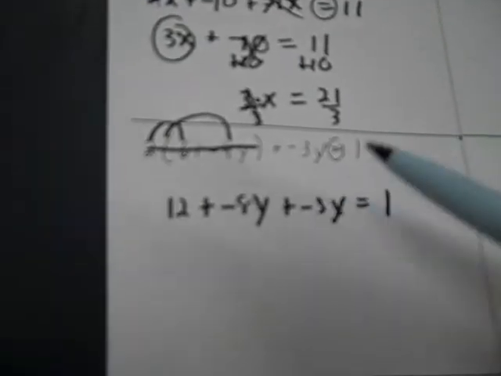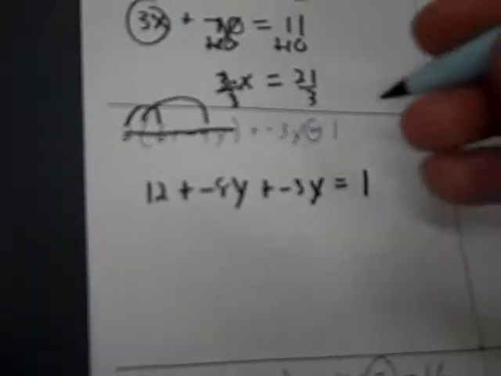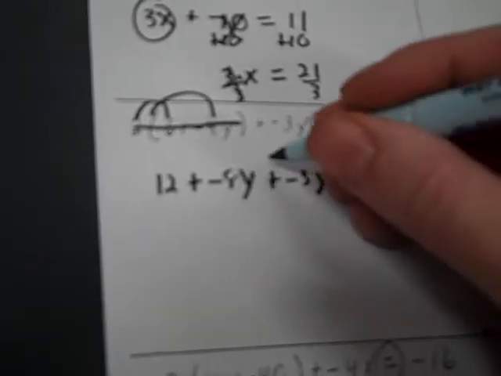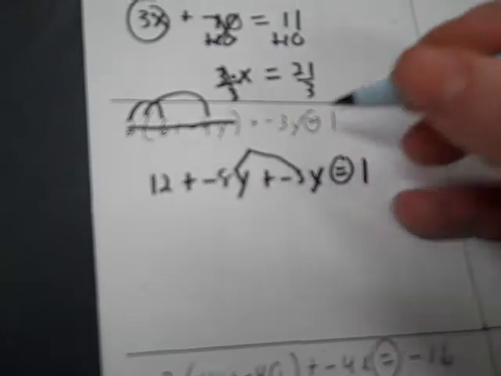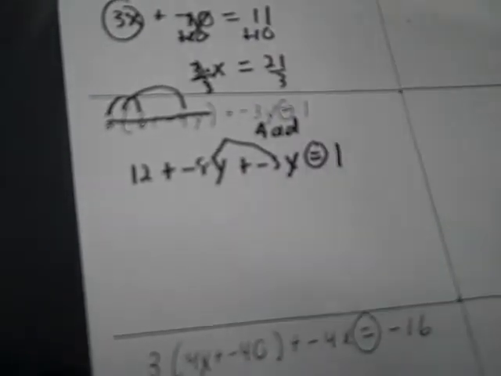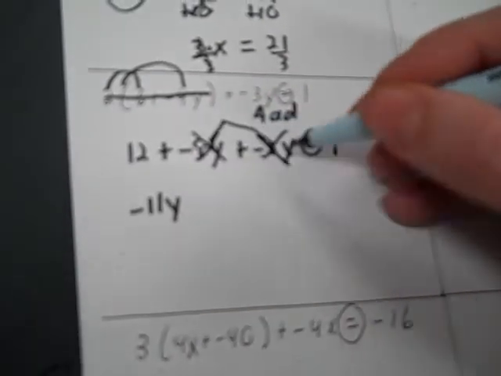Now you treat y just like it was x. The y's are on the same side this time, so don't go underneath. You make a kind of pyramid shape and just write the word add. So I add negative 8 plus negative 3, and that's negative 11. So it'd be negative 11y, cross those out.